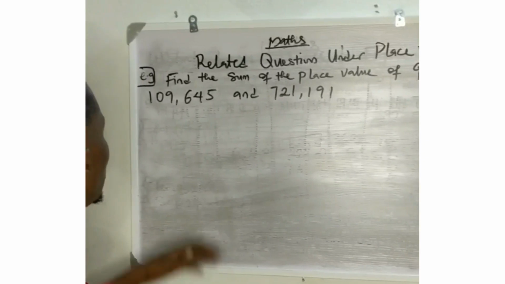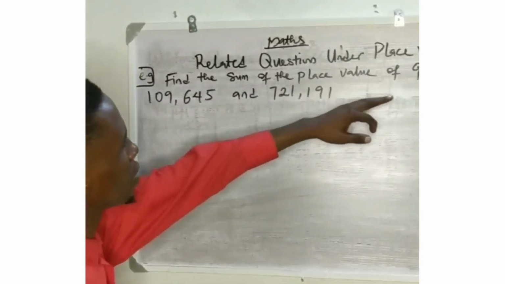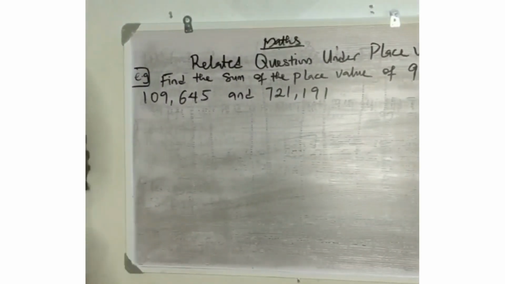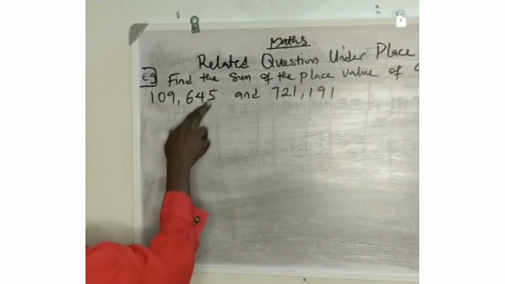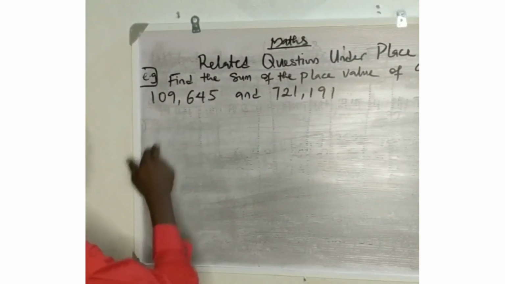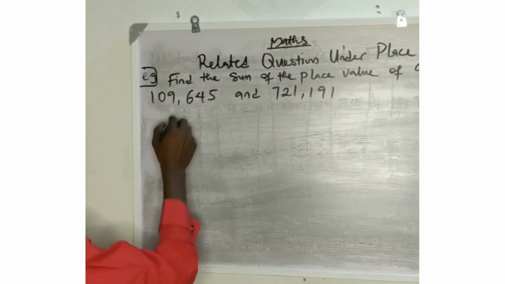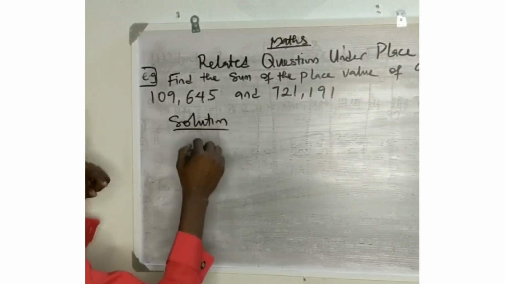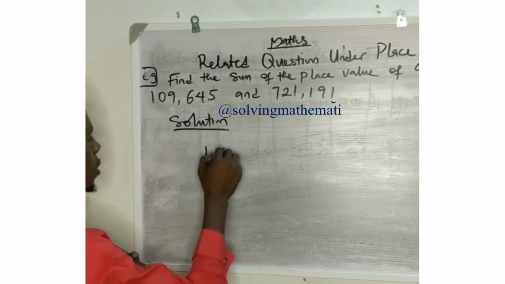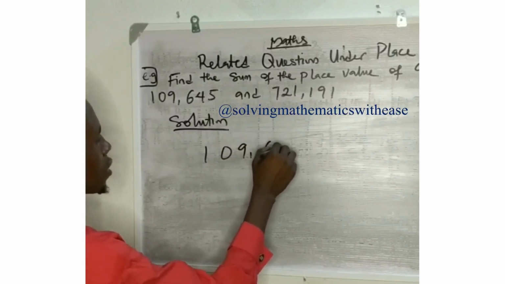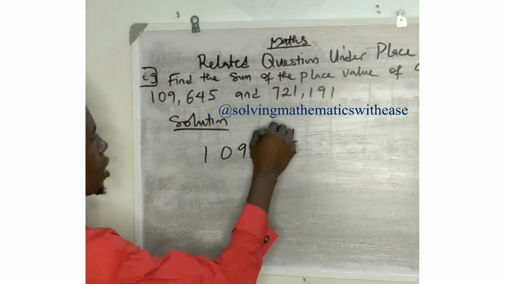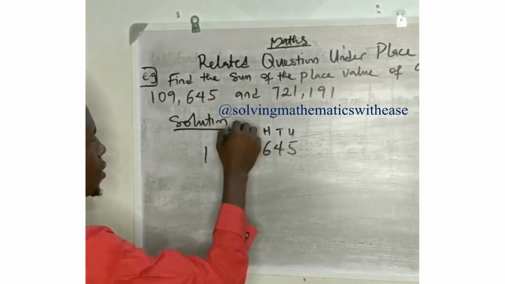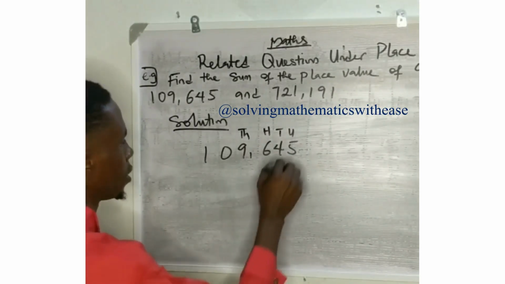Now you see, they say, find the sum of the place value of 9 in this. Now if you check what is on the board, you discover that the place value of 9 here is what? 9,000. Now solution. We have 109645. You have units, tens, hundreds, and thousands.